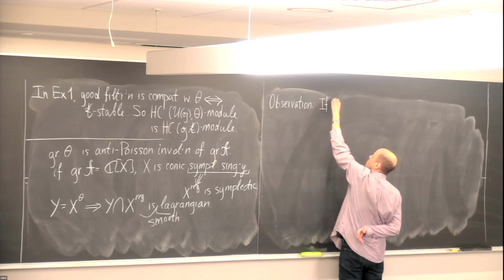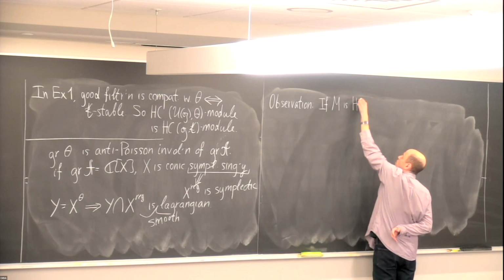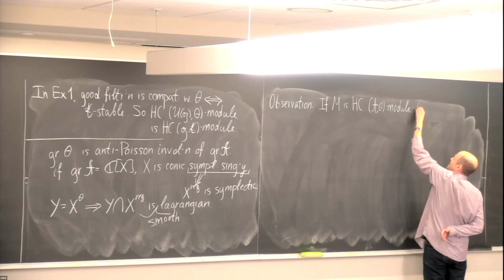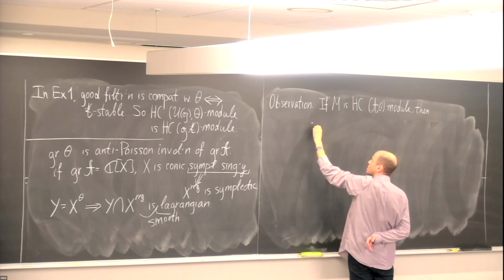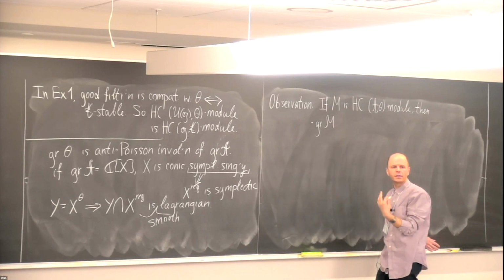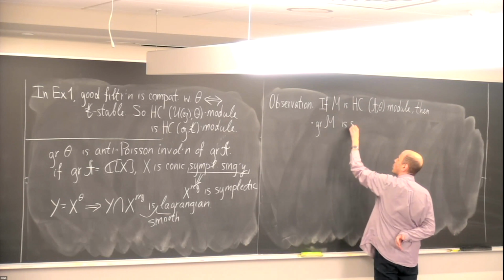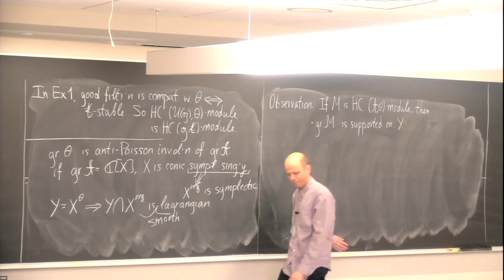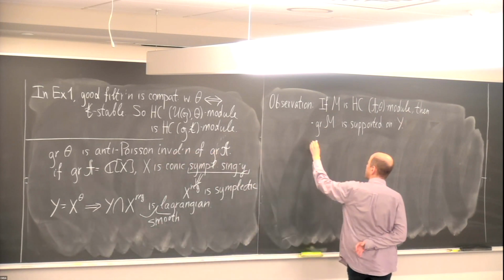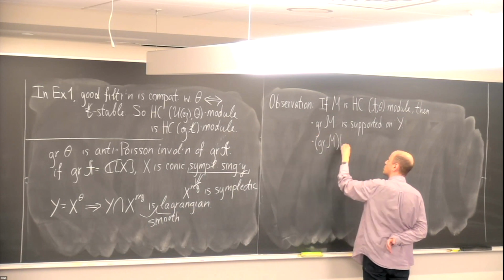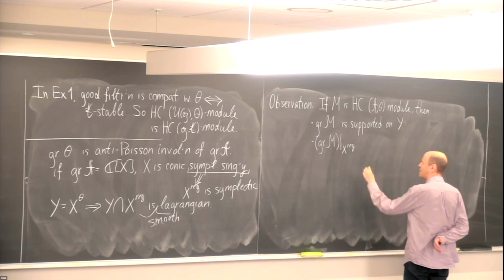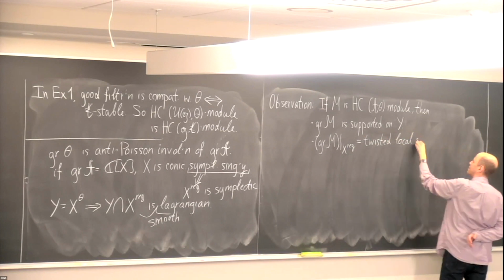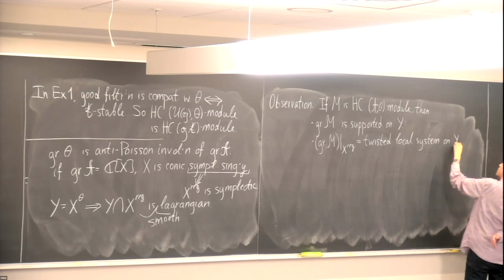So if I take M, a Harish-Chandra (A, theta) module, then first of all, and that's an easy exercise, the associated graded with respect to any compatible good filtration is supported on Y, on the fixed locus of theta in X. And moreover, if you restrict this module to X reg, the smooth part, then what I get is a pushforward to X reg of a twisted local system on Y intersected with X reg.